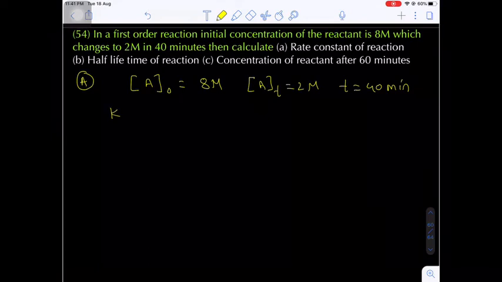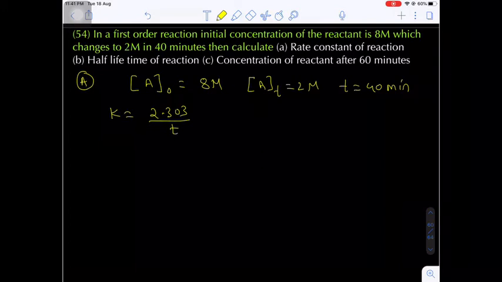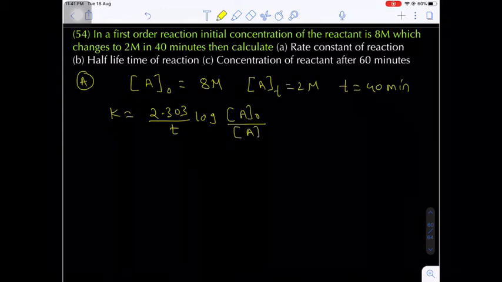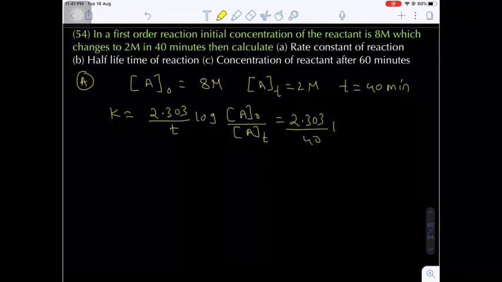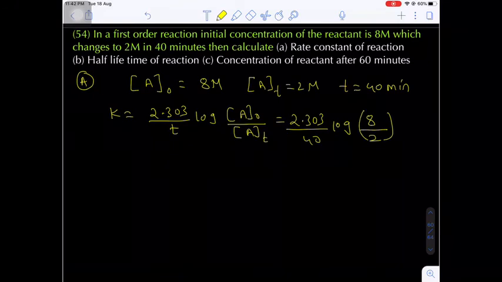Find the rate constant. What is the rate constant expression? K is equal to 2.303 by T log of concentration of reactant initially A0 divided by concentration of reactant at a time interval T. So 2.303 by time is given 40 minutes, log of initial concentration 8 molar, final concentration will be 2 molar.